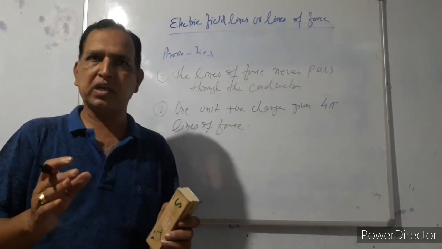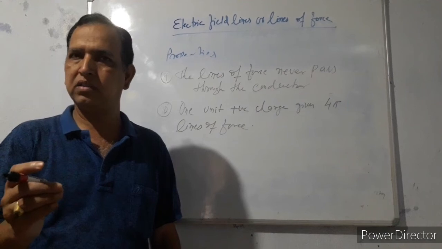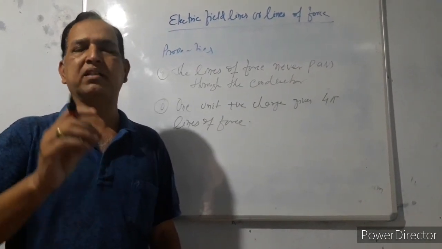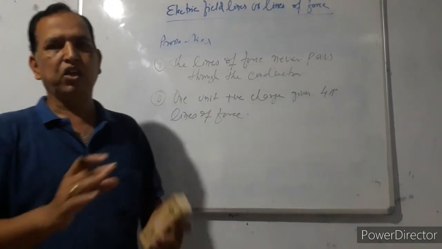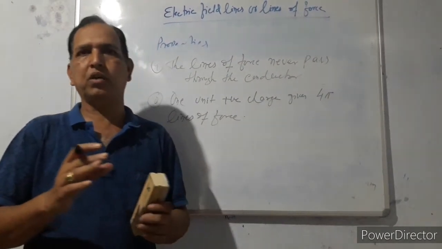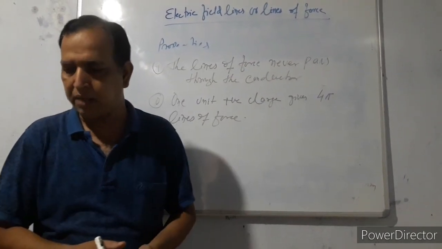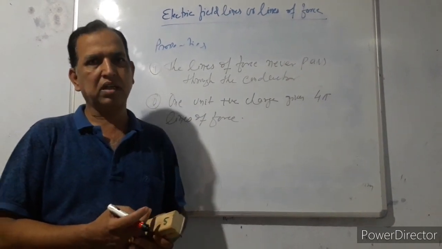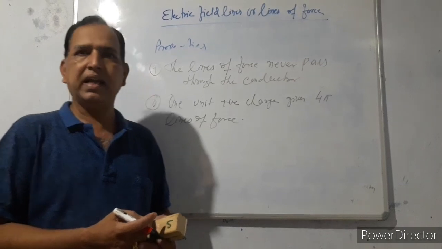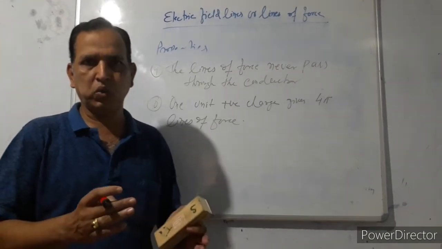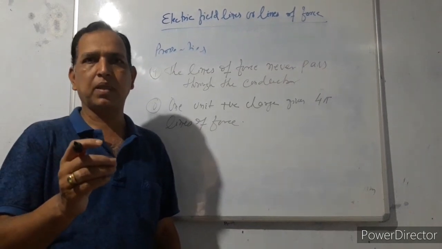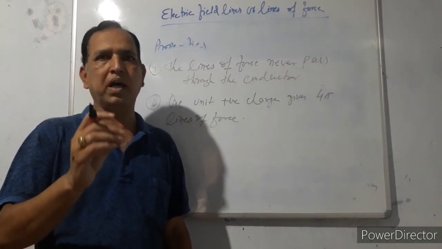The lines of force are close together in a strong field, far apart in a weak field, parallel and equispaced in a uniform field, not parallel in a non-uniform field. Next, the ninth point: the lines of force never pass through the conductor because the electric field inside the conductor is zero. Last point is 1 unit positive charge gives 4 pi lines of force.